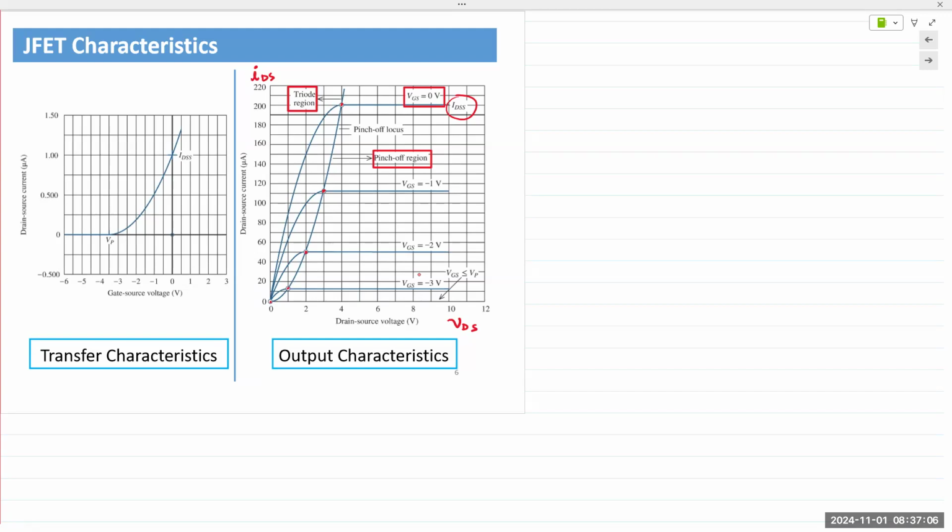So this is negative VGS, and this is IDS. And this is one of the questions on the pre-lab. This is the answer. It asks you to plot the transfer characteristic for the JFET. This is what you need.